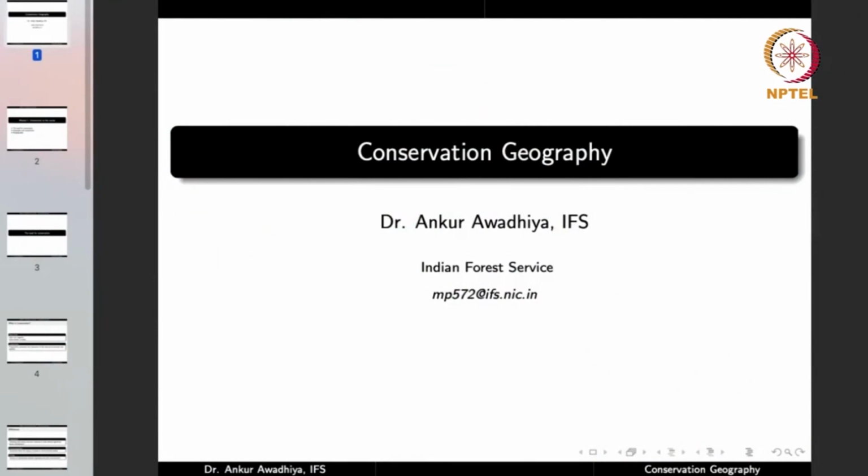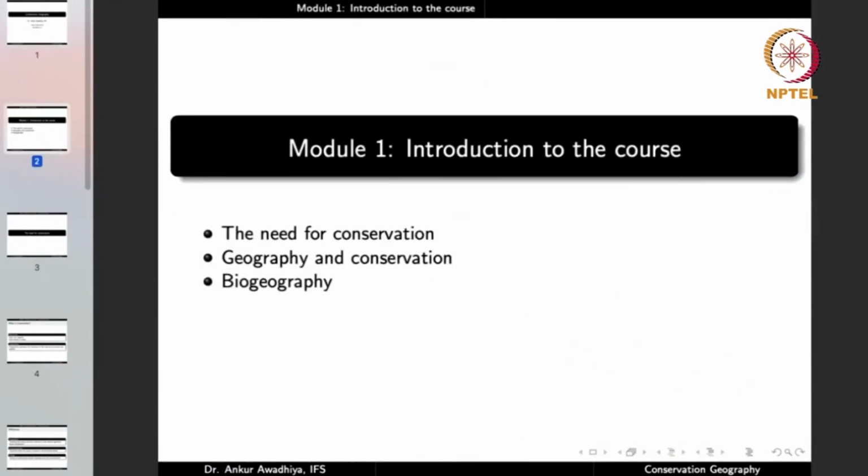So with that, let us now begin this course. The first module is Introduction to the course, and here we will have 3 lectures: the need for conservation, geography and conservation, and biogeography. In the need for conservation, we'll try to understand why we need to perform conservation. In geography and conservation, we'll try to understand what this field of geography is and how it is related to conservation.